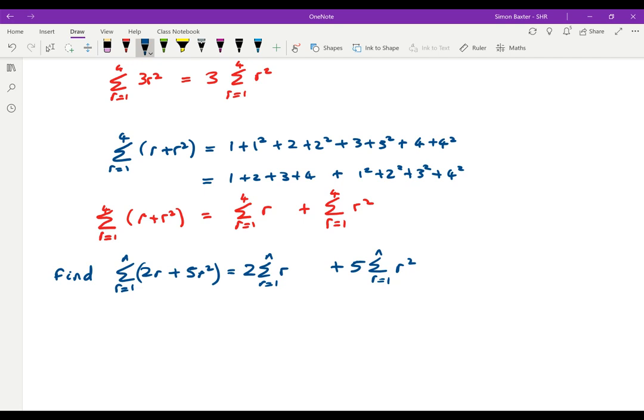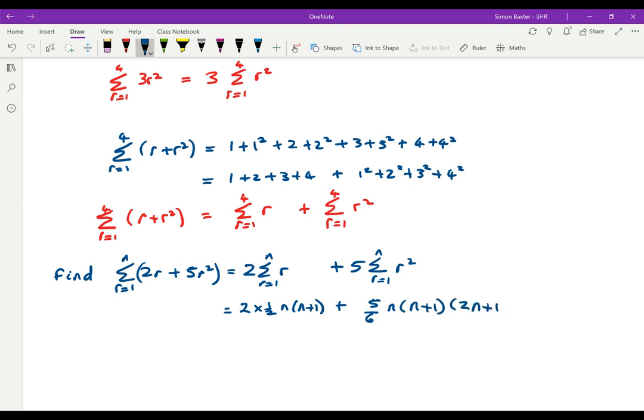Now, you will have probably forgotten the formulae that we had on the previous page. I will tell you what they are as I do them. This first one is 2 times sigma r, which is a half n plus 1, plus 5 times sigma r squared, which is 1 over 6 n, n plus 1, 2n plus 1.